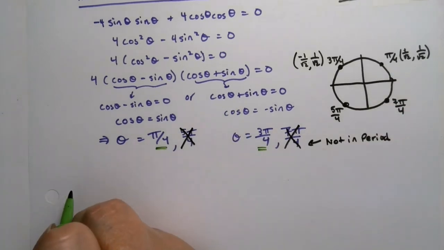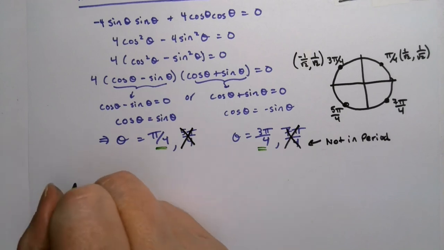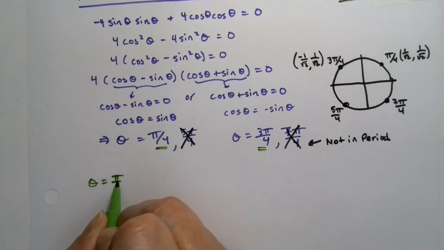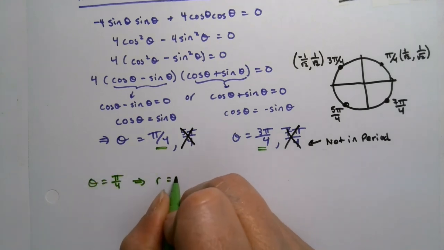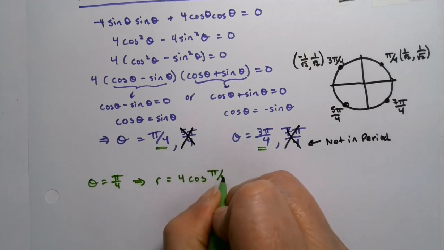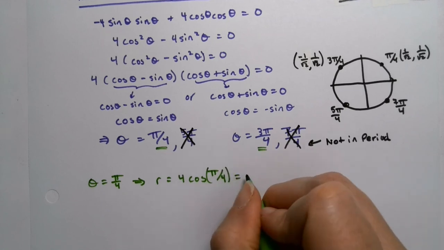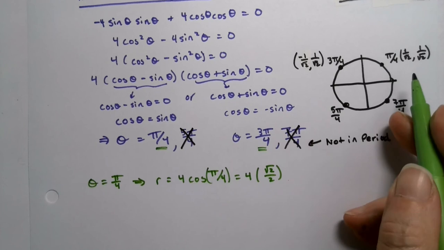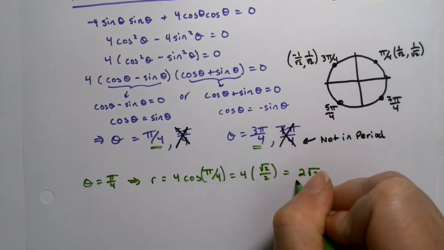So at theta equals pi over 4, then we would get r equals 4 cosine of pi over 4, right? Because that's the formula we're working with for this problem, which is 4 times the square root of 2 over 2, or 1 over the square root of 2, depending on which way you want to do it, which is 2 square root of 2.